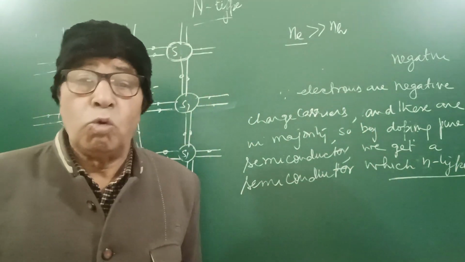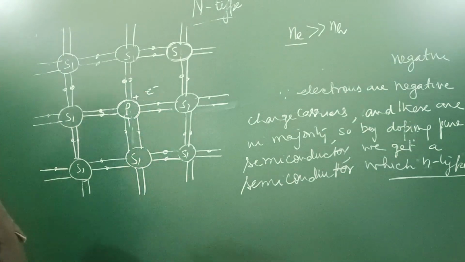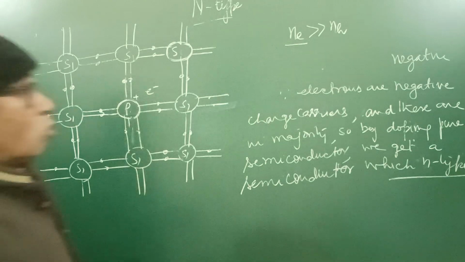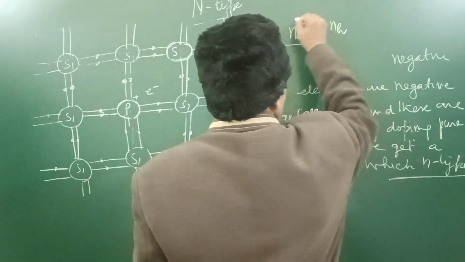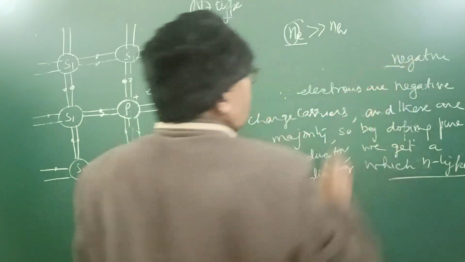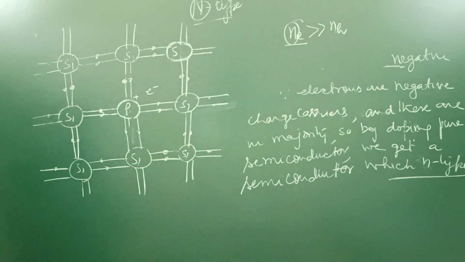Why is it called so? Because electrons are majority charge carriers which are negative charge carriers. So this N has been derived from this negative. So they are called negative, N-type semiconductor.